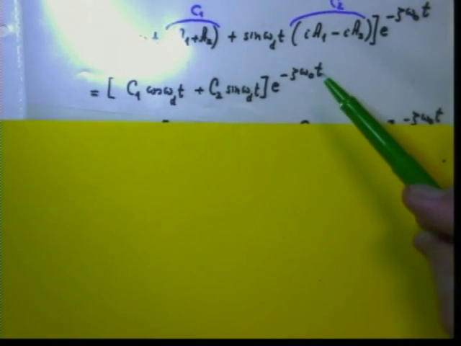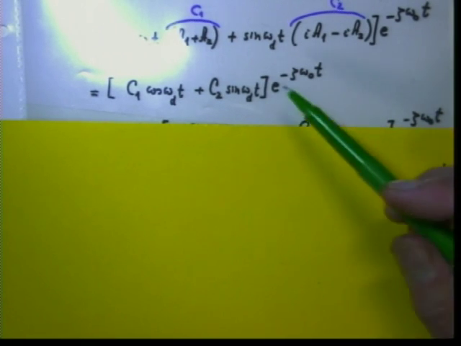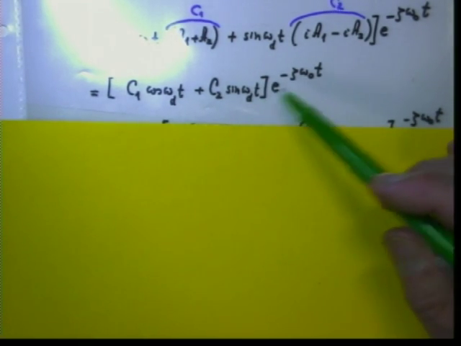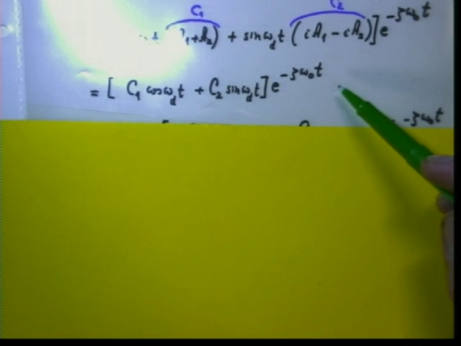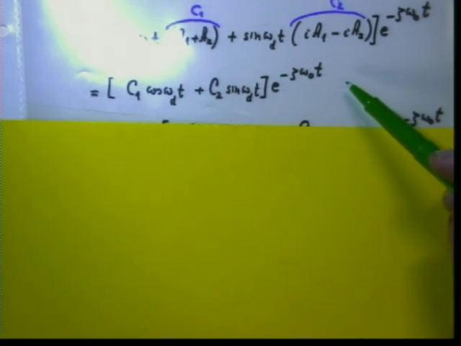You may want to write it down: we could have left it here. C1 and C2 should be found from initial conditions. And how many initial conditions do we have? 2. What happens in the beginning? The beginning displacement is some value.